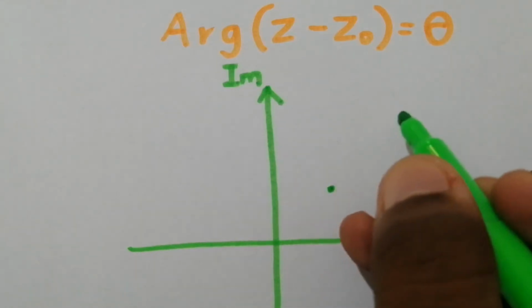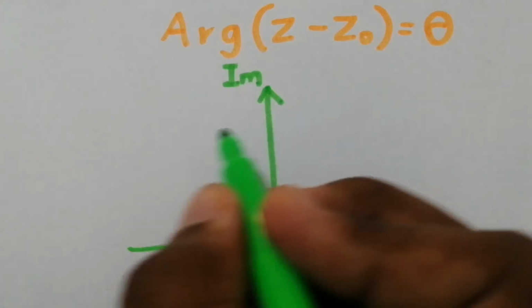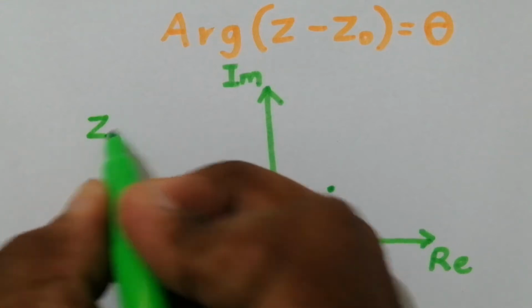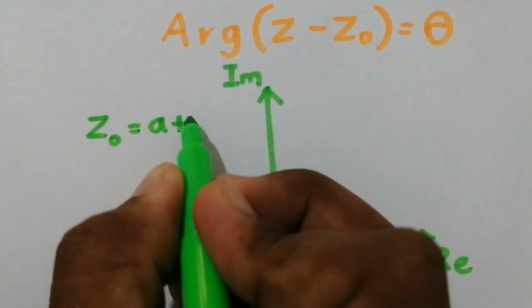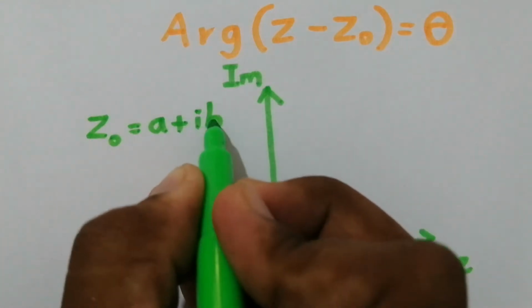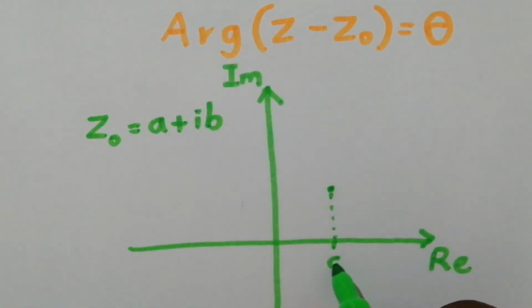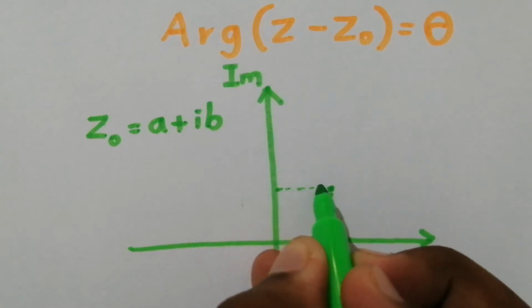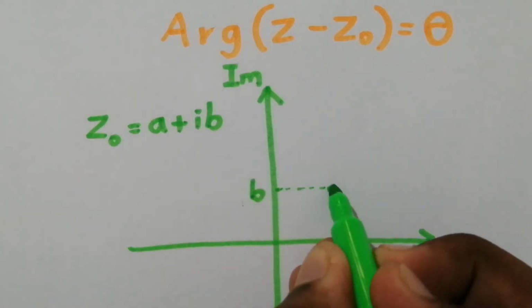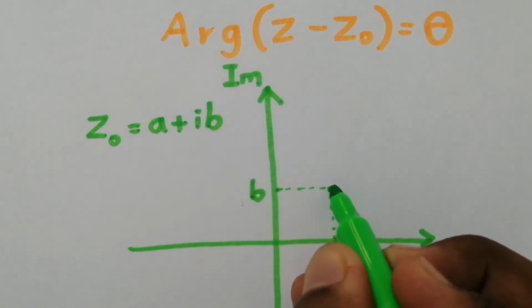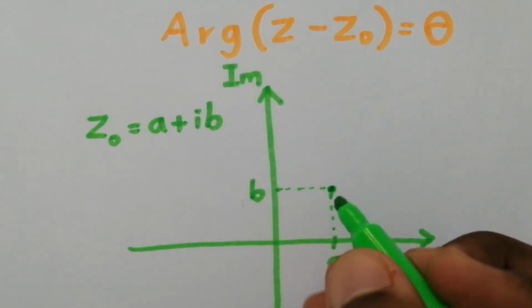You can take an example: z naught equals a plus ib, where a is the real part and b is the imaginary part. Then this is the point z naught.